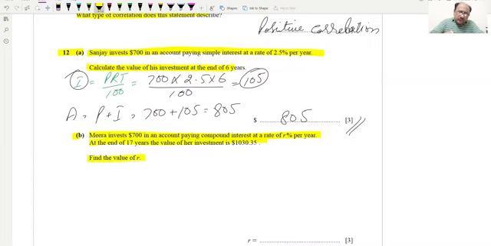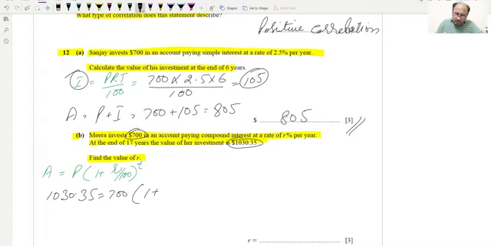Find the value of R. So we know the compound interest formula: A is equal to P times (1 plus R over 100) raised to the power T. The amount is given, so 1030.35 will be equal to the principal amount 700 times (1 plus R over 100) raised to the power of the time duration, which is 17 years. We will replace T here with 17.